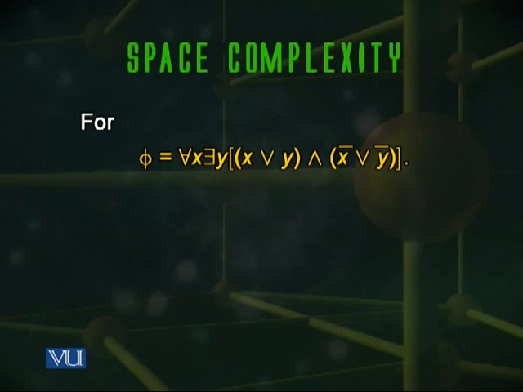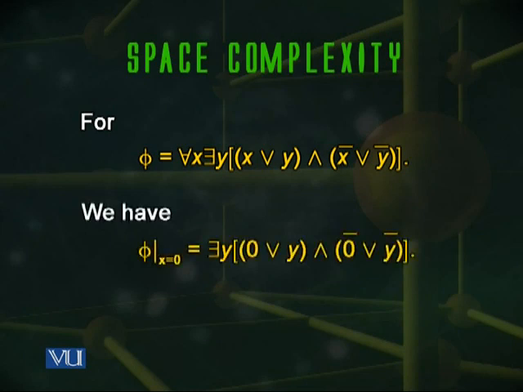Once we have this formula, what we can do is come up with a formula which is only on one variable. We do this by throwing away the first quantifier and the variable that goes along with it, and substituting in the formula for that variable the value 0, and that gives us our first formula, which we call phi restricted to x equals 0.